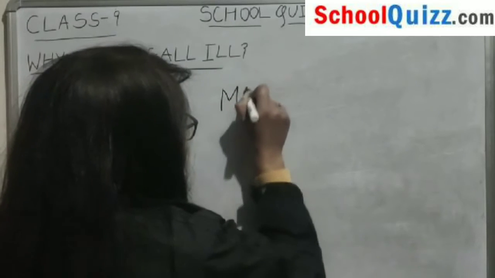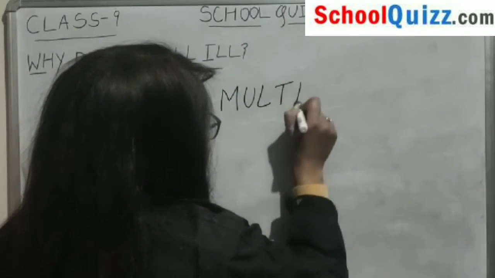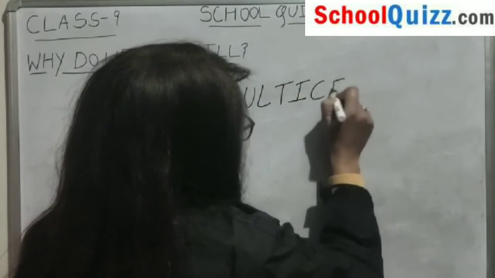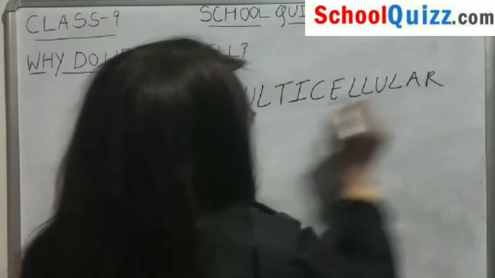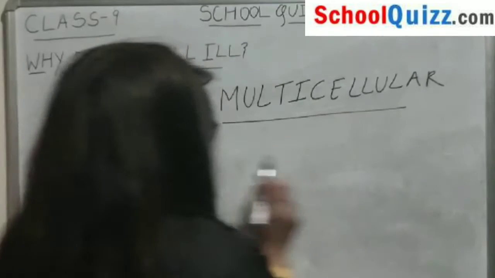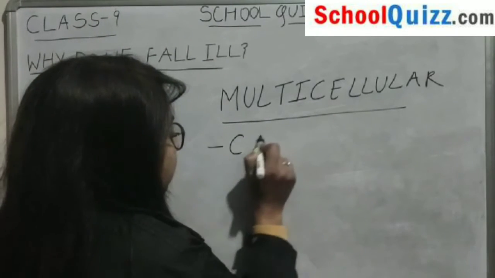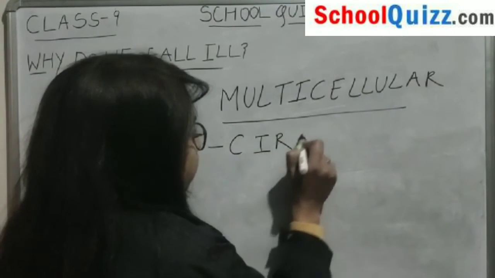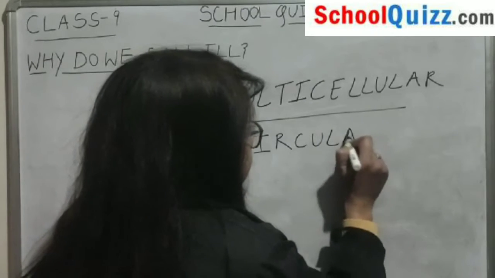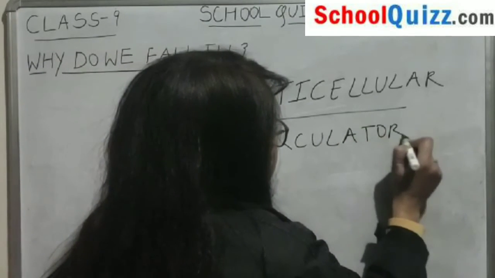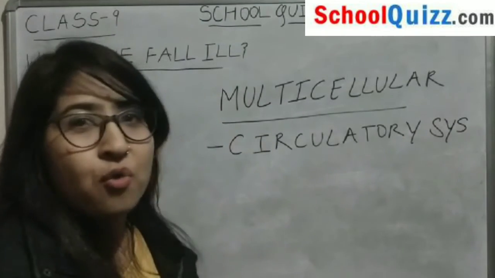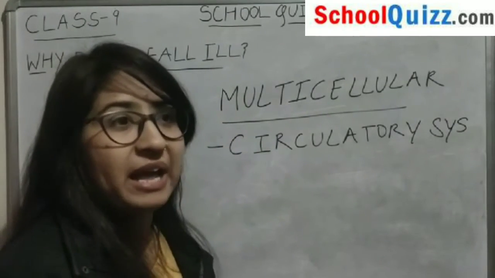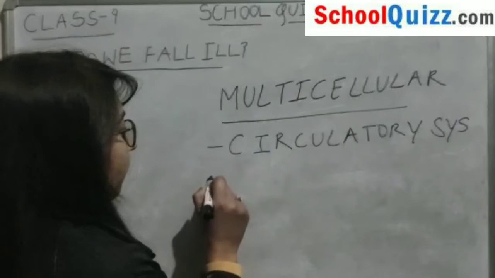So for multicellular organisms, we have the circulatory system for the transport of blood and lymph in the body.